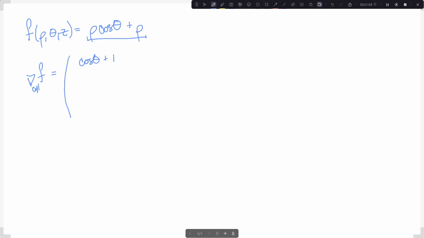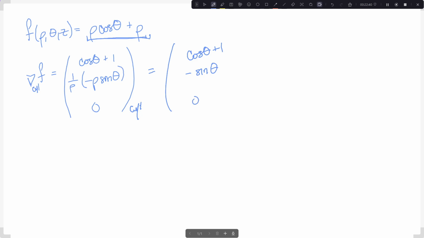Then I have the derivative in theta, which gives me negative rho sine theta plus 0, but I have to multiply by 1 over rho. So once I multiply this by 1 over rho, things change a little bit. And finally, the derivative in z is 0. So if I simplify, then it turns out the gradient of f in cylindrical coordinates is cos theta plus 1, negative sine theta, and 0.